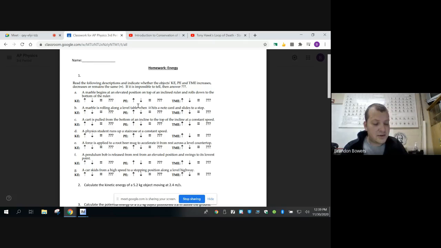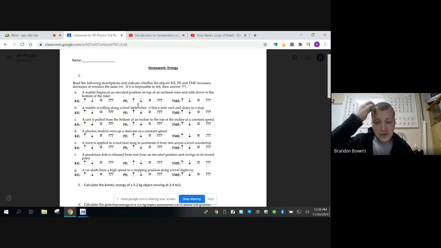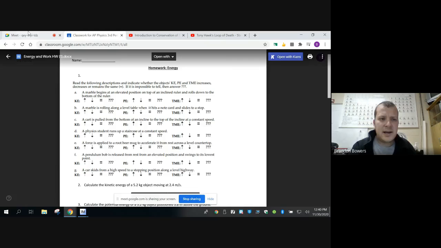What happens to the potential energy? It decreases. So if the kinetic increased and the potential decreased, that means the mechanical is going to be the same. Does that kind of make sense? So you can circle these on Cami and just try your best.